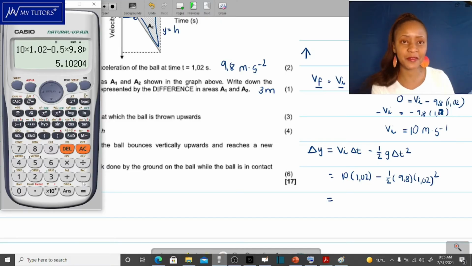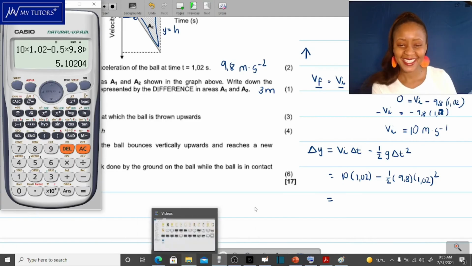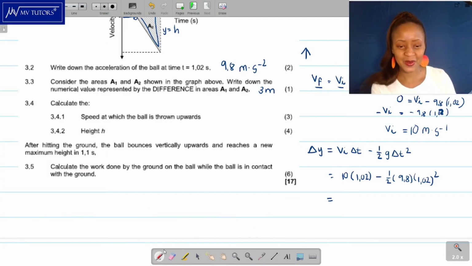And that's 5,1. Rounding off to 2 decimal places, it's 5,10. You can write 5,102, but I'm just going to stick to 5,1. So the answer is 5,1 meters. And like I said, guys, the final h is when you add 3 meters to it.